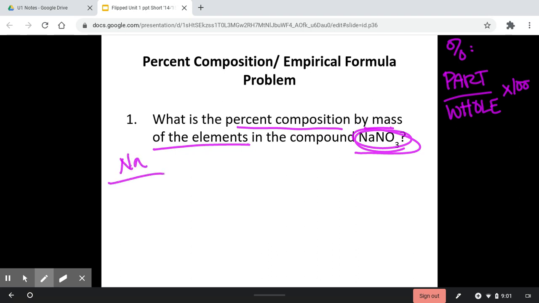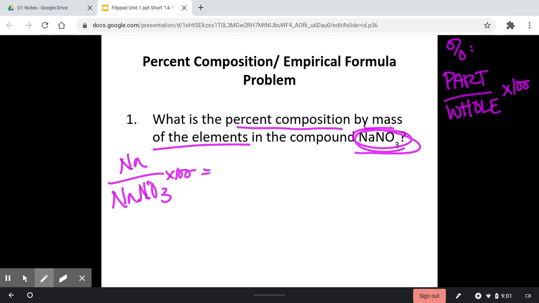That is what a percent is. So if I'm asking you for percent composition by mass of the elements in this compound, I'm always just going to do part of the compound over the whole compound. And then if I want percent instead of a decimal, I'm going to multiply it by 100.